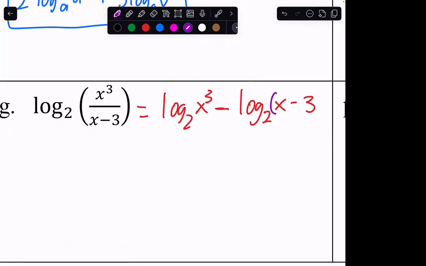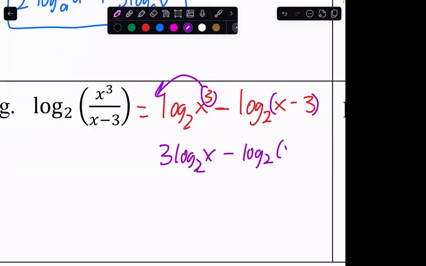So here the parentheses are necessary. Without the parentheses, you'd be saying only the x is the argument, but it's actually the entire x minus 3. Here parentheses are not necessary because there's only one term, but when it's a binomial, you need parentheses.